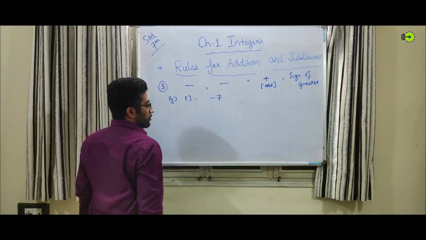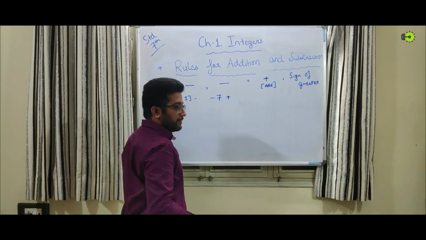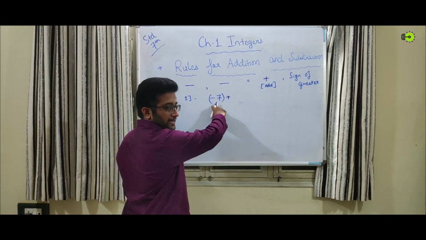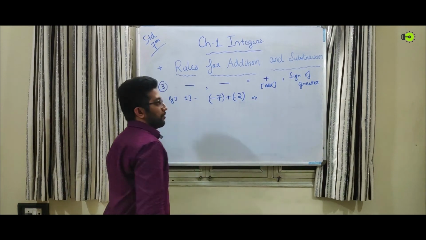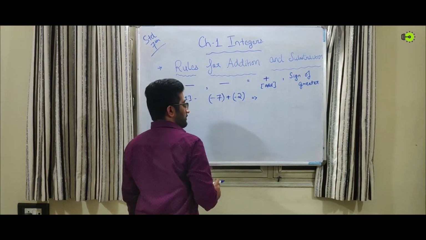Minus 7. Okay, then we will have to add it. Once again, there is a minus sign, we'll put it in the bracket, and here we will take minus 2. Now let us solve it. So first of all, try to solve the brackets, that is plus minus minus.